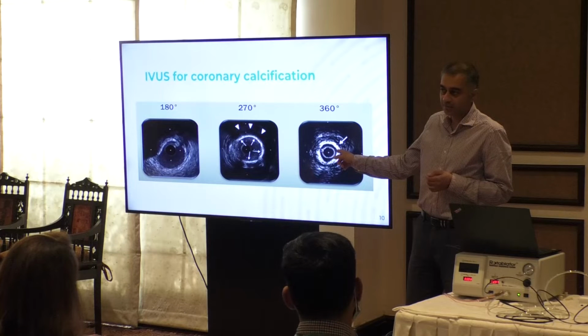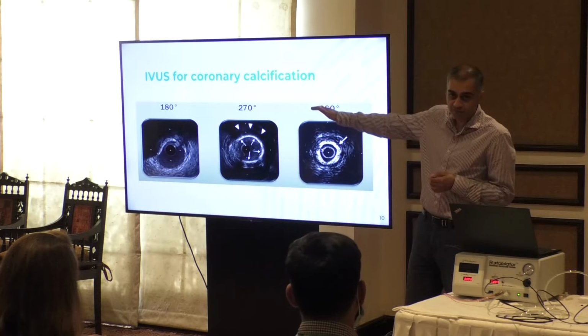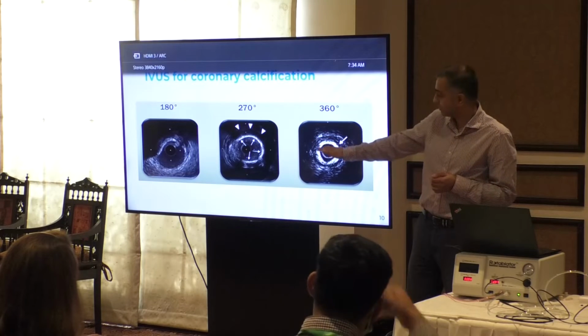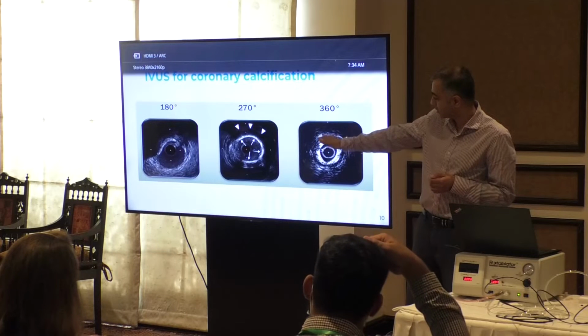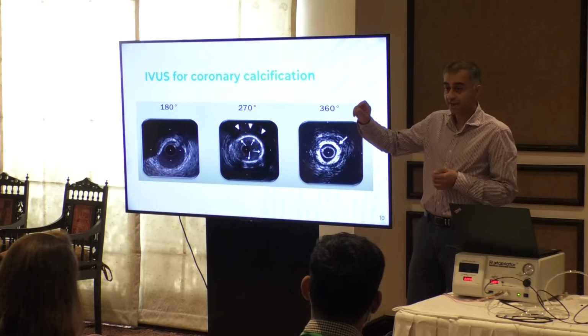Unfortunately, IVUS doesn't allow us to look at the thickness of the calcium because you don't get penetration, but you can get some meaningful information about whether or not you have reverberation artifacts. If you have reverberations, there's a suggestion that it might be thin calcium.